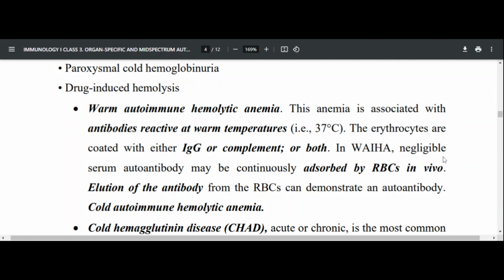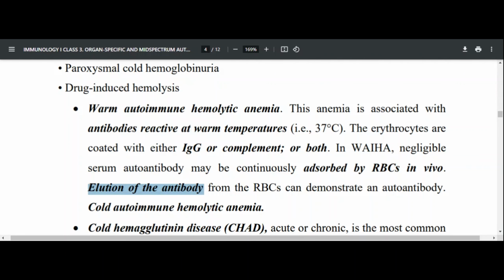For us to detect those antibodies on RBC, we perform what is called the elution technique, which is to remove or detach antibodies from RBCs in order to test them in the lab. That is how we detect those antibodies.